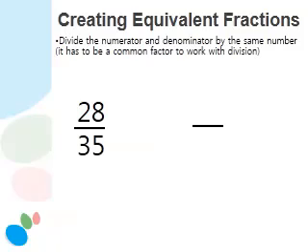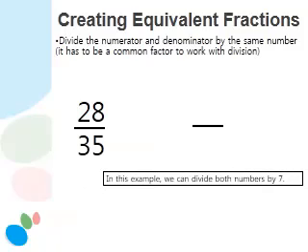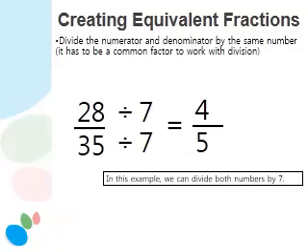Well, of course, it's 7, because 28 is divisible by 7 and 35 is divisible by 7. So I'm going to divide both terms by 7. So I will get 4 over 5. So in this case, we say that 28 over 35 is equivalent to 4 over 5.